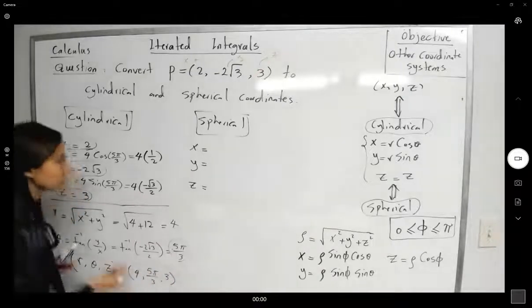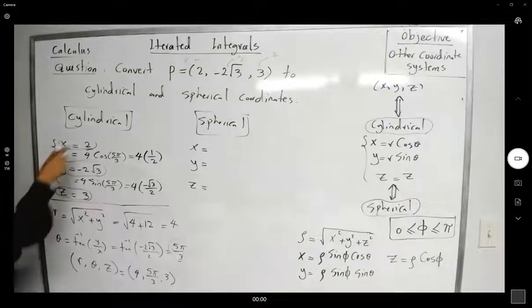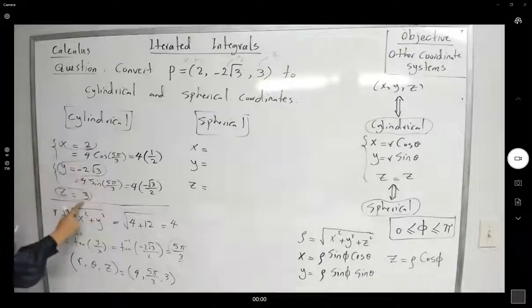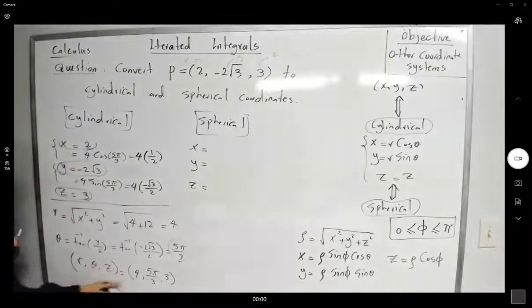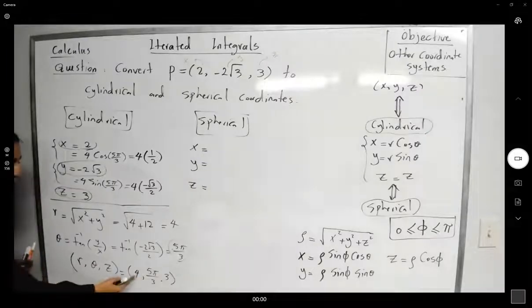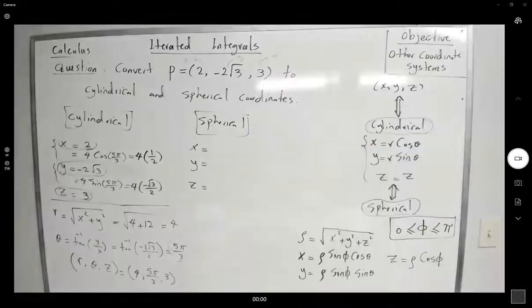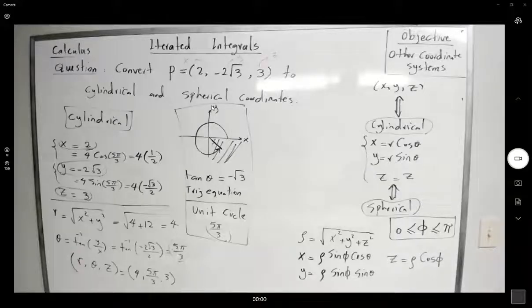So if somebody asks you, what is this point? 2, -2 square root of 3, and 3, in cylindrical form, you have 4, 5 pi over 3, and 3. Very good.